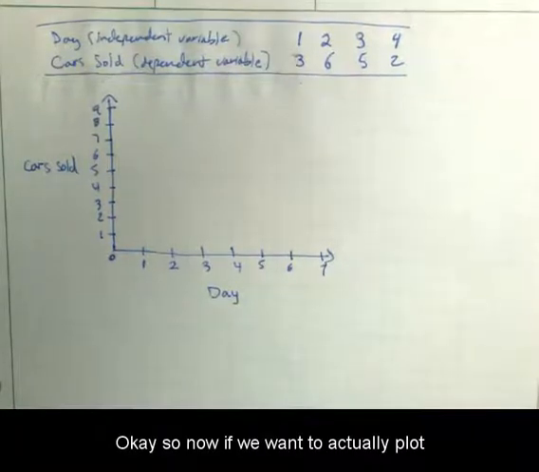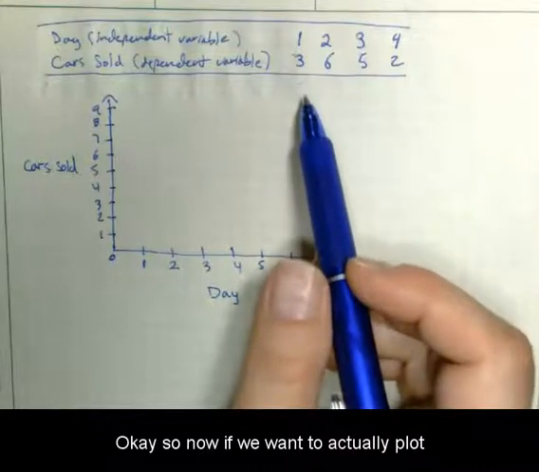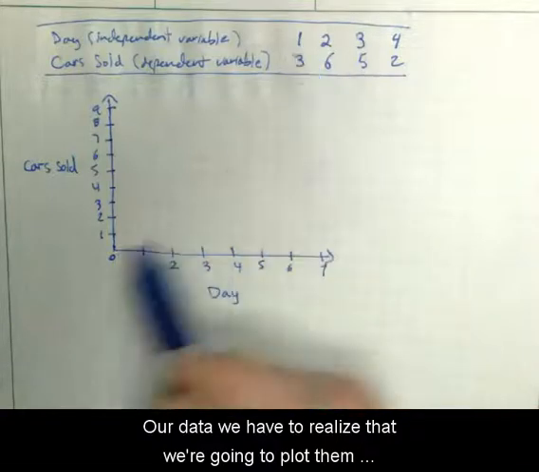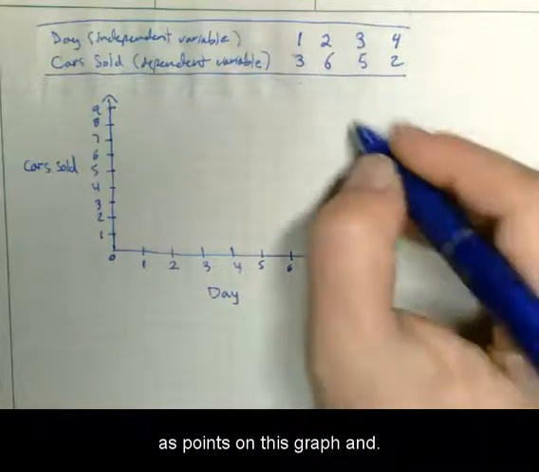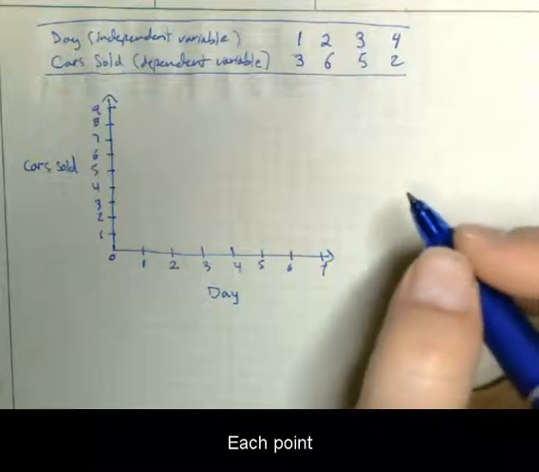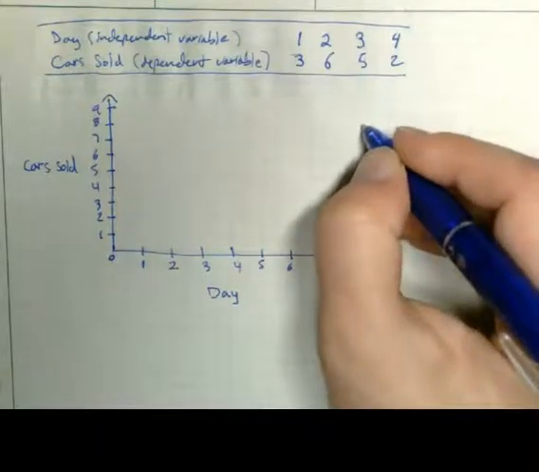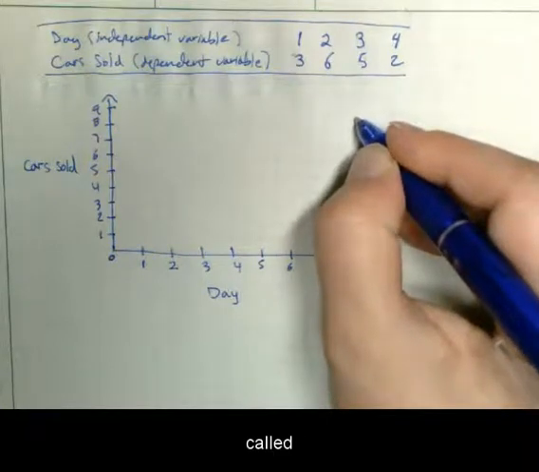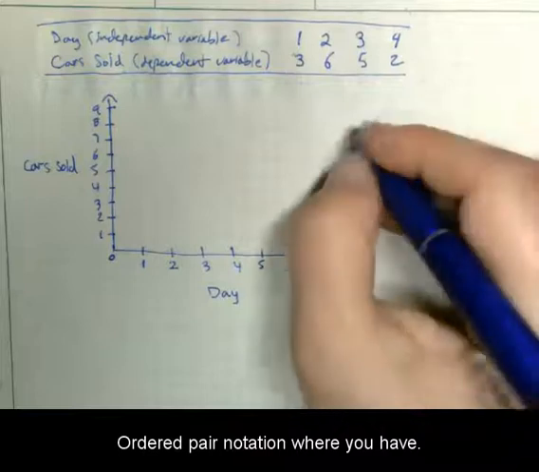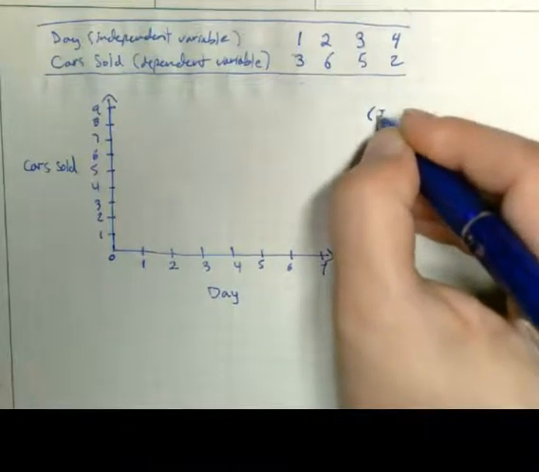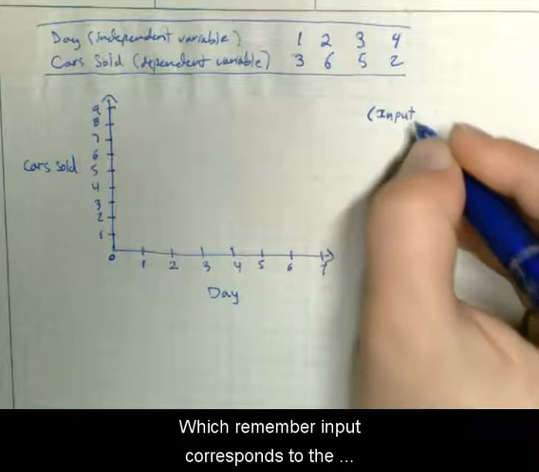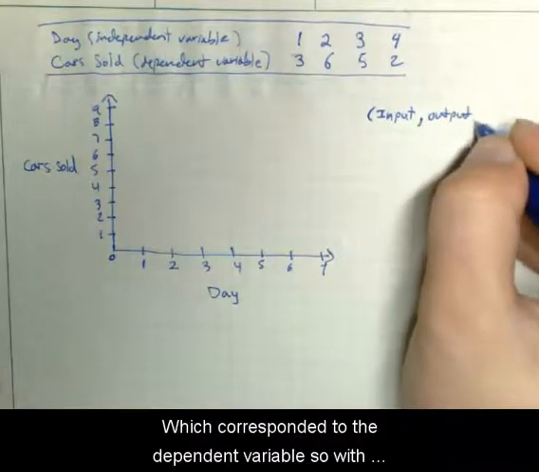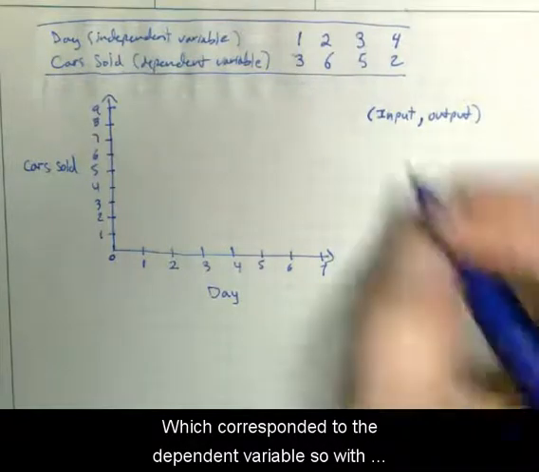Okay, so now if we want to actually plot our data, we're going to plot them as points on this graph, and each point can be denoted with this notation that's basically called ordered pair notation, where you have the input value, which remember input corresponds to the independent variable, and the output value, which corresponded to the dependent variable.